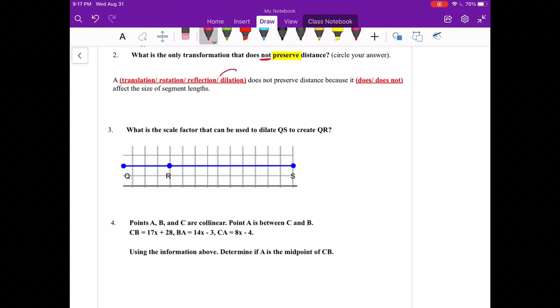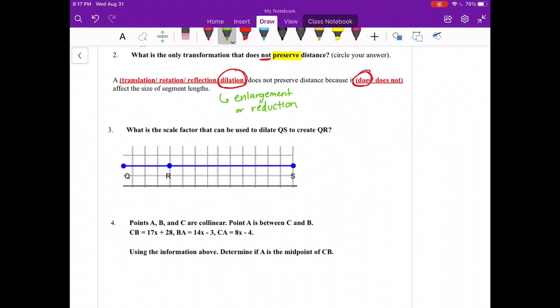And in fact, the dilation is the only transformation that does not preserve distance, because a dilation does in fact affect the size of our segment lengths. It affects the segment lengths because a dilation, by definition, is an enlargement or a reduction.